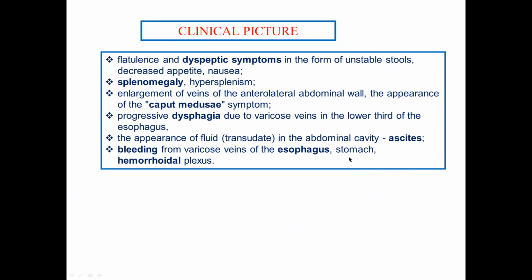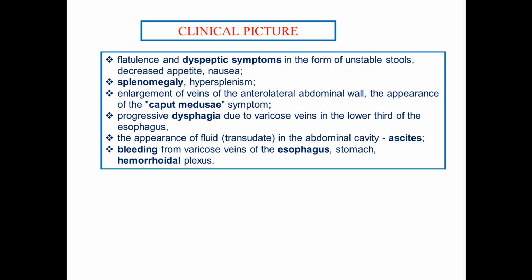Clinically, because of accumulation of extra blood, gastropathies and enteropathies develop. Flatulence and dyspeptic symptoms appear in the form of unstable stool, decreased appetite, and nausea. Increasing pressure may also cause splenomegaly and, in severe cases, hypersplenism.